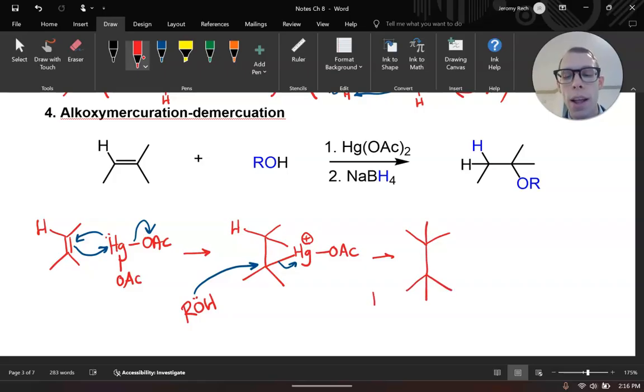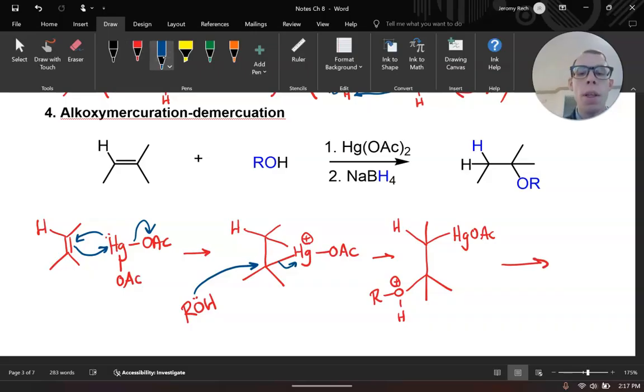So we are going to be adding our ROH, which is protonated, and then you have an H, and then you also have your HgOAc. Now, for this structure, you would do 2 additional steps, and we're not going to go through the actual mechanisms of those. The first thing is going to be this mercury.